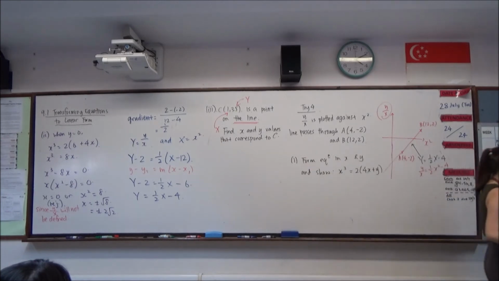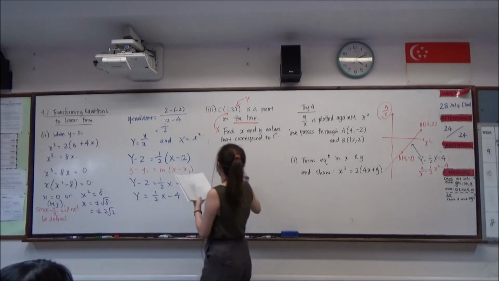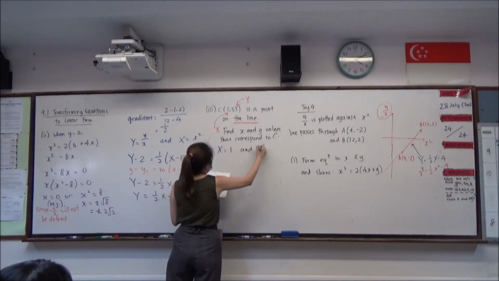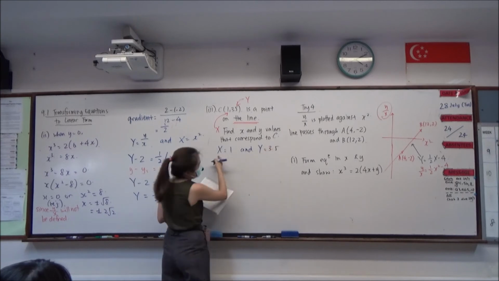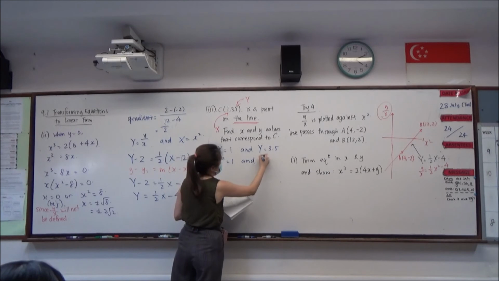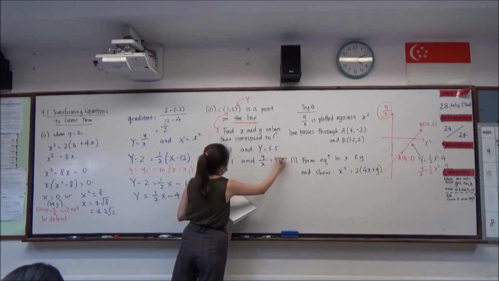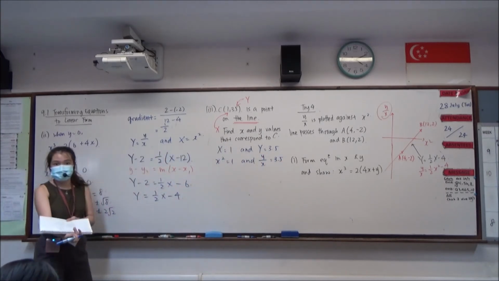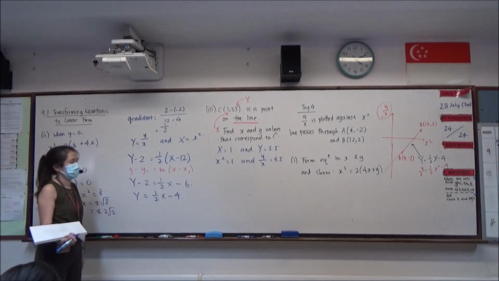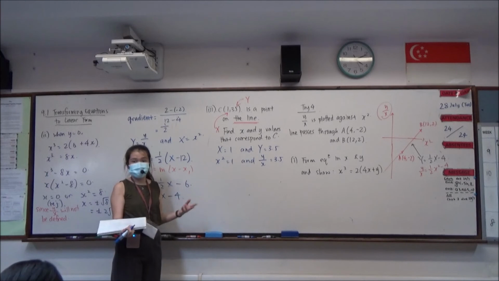Earlier I mentioned that big X and big Y refer to our 1 and 3.5. That means big X is small x squared and big Y is y over x. So we can write it in this manner. x squared equals 1, and we can solve that.